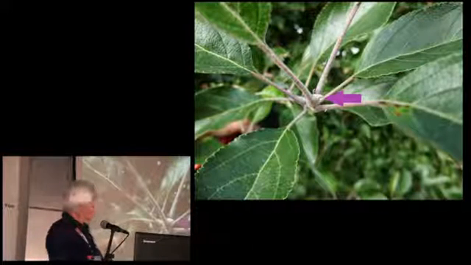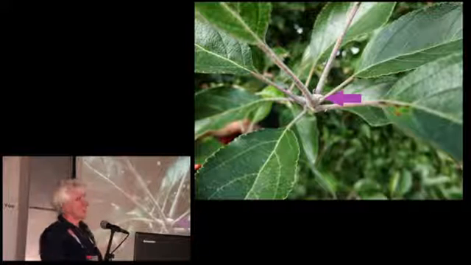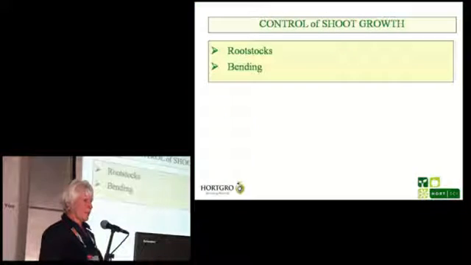Just to show you what it looks like, there's the terminal bud forming, fully developed foliage leaves around it, and in that bud, towards the end of the growing season and going into winter, it will consist of the bud scales plus those preformed leaves that will eventually grow out the next season.